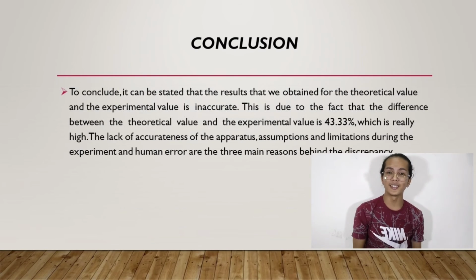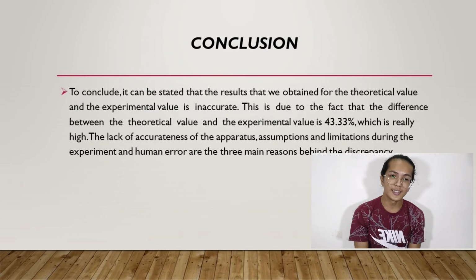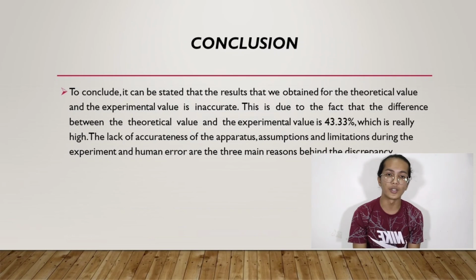To conclude, it can be stated that the result we obtained for the theoretical value and the experimental value is incorrect. This is due to the fact that the difference between the theoretical value and the experimental value is 3.33%, which is really high.